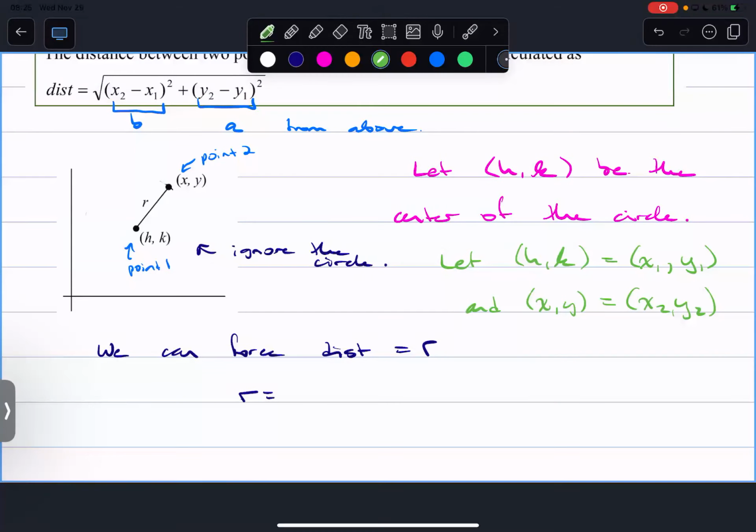Then I can rewrite this distance formula as r is the square root of, x2 is x, x1 is h, so (x minus h) squared, plus y2 is y, and y1 is k, so (y minus k) squared.